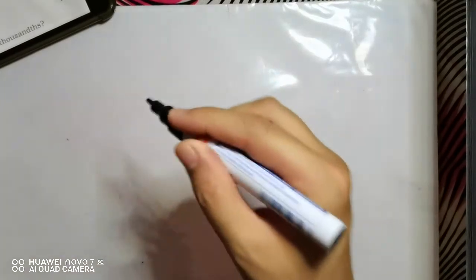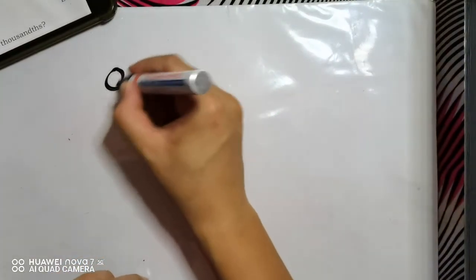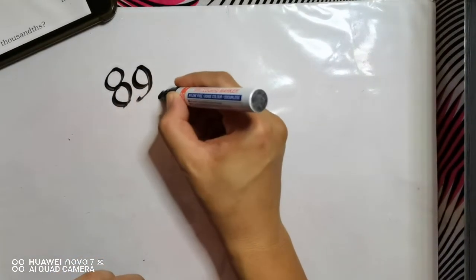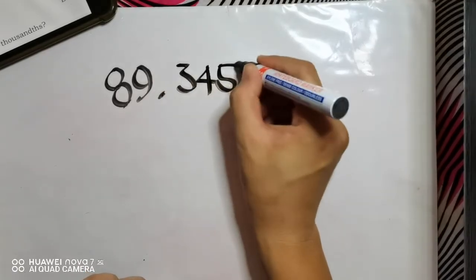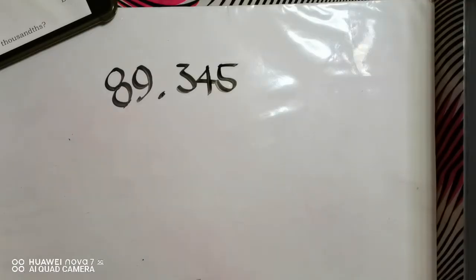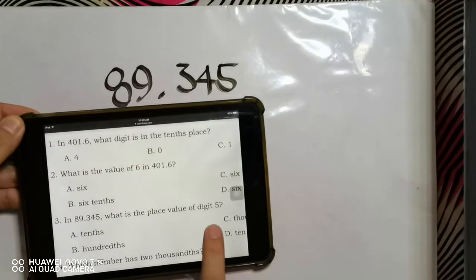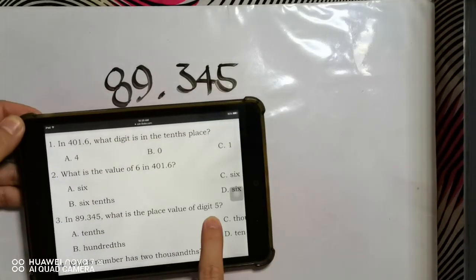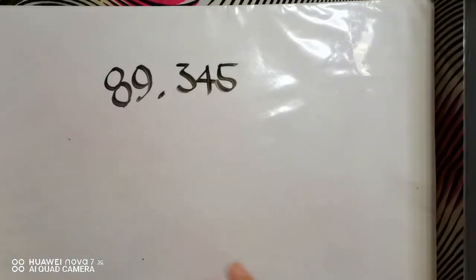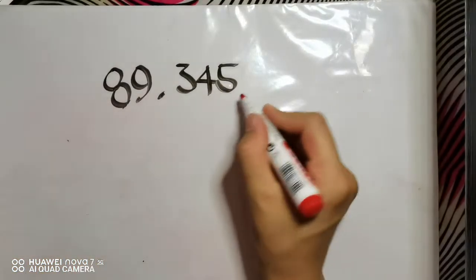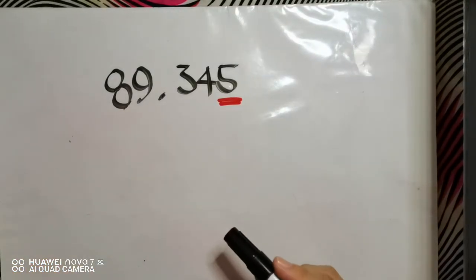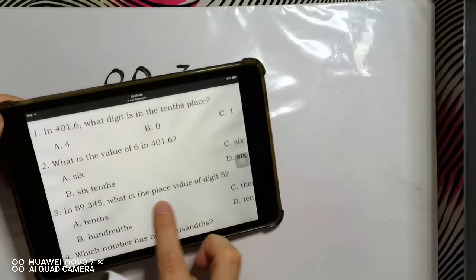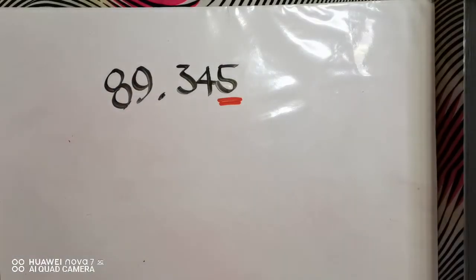Okay, so the given number is 89 and 345 thousandths. Tinatanong, what is the place value of the digit 5? So, ito yung tinatanong, ano daw yung kanyang place value? Place value of the digit 5.